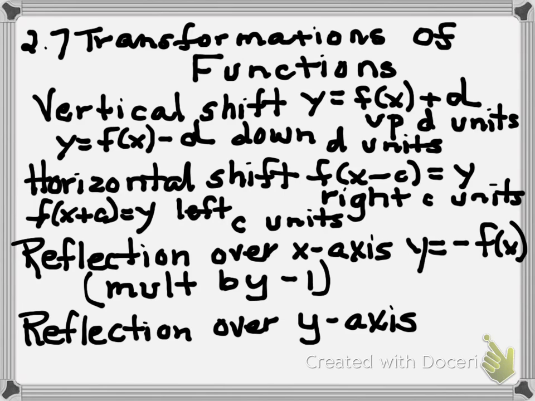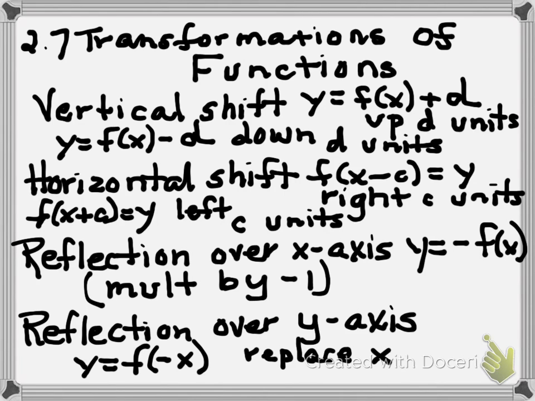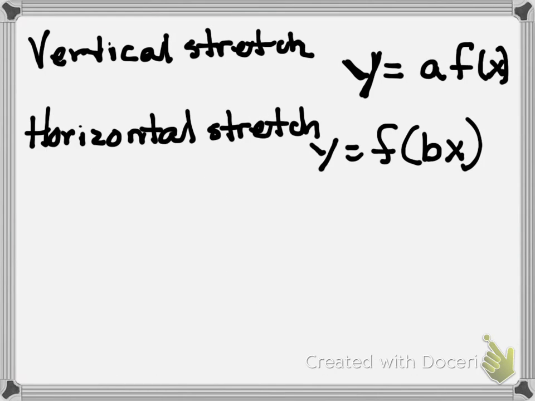Reflection over the y-axis, we're getting y is equal to f of negative x, and that means that what we're doing is we're replacing x with a negative x. For a vertical stretch, you're going to see some constant in front of the function.